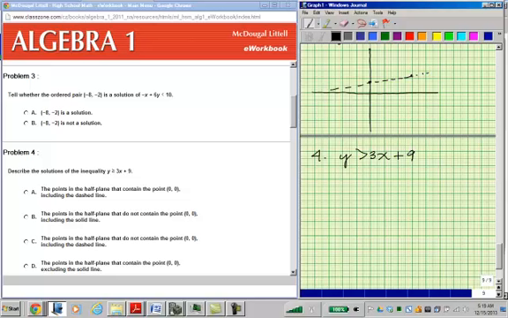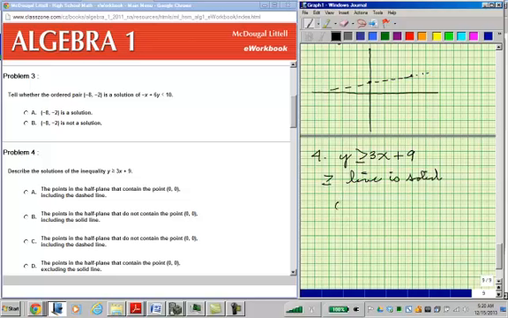Okay, let's hold on a second. First of all, it's greater than or equal to, so the line is solid. Now let's go further and do the test. We're going to test it for 0, 0.